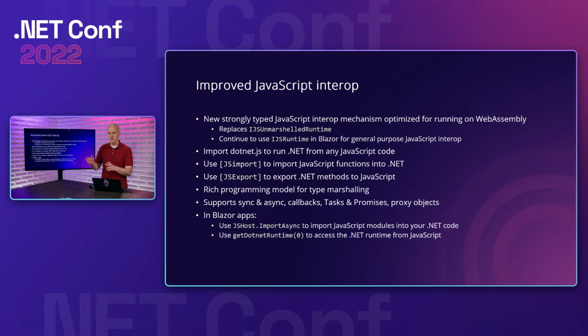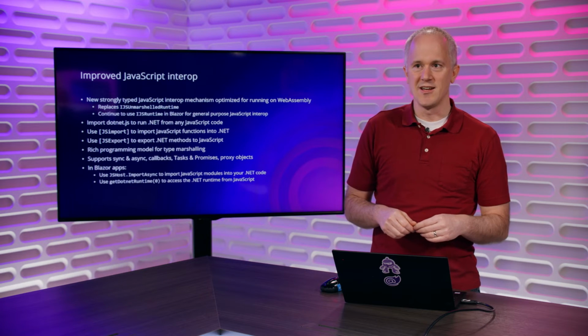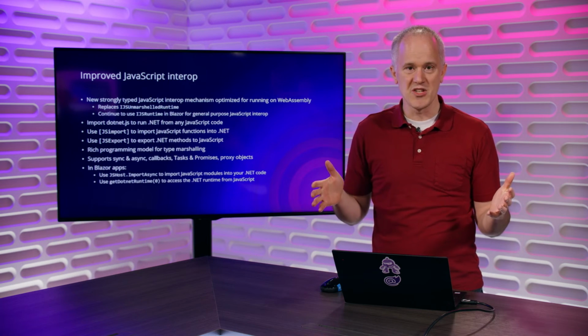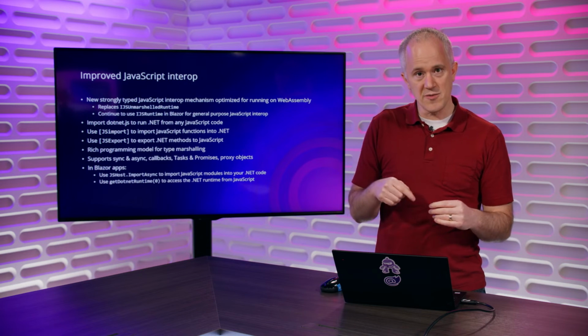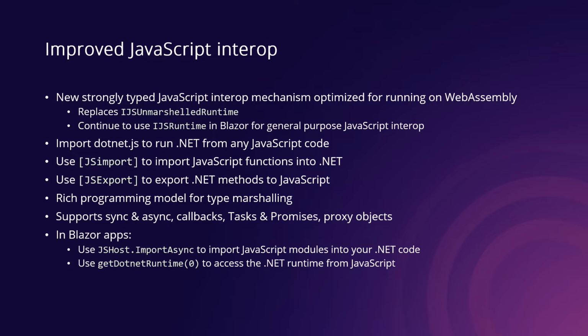Like if you want to write some JavaScript interop code that works in Blazor Server, Blazor WebAssembly, and Blazor Hybrid, you should continue to use IJSRuntime, because those aren't WebAssembly specific. But this new JavaScript interop model for WebAssembly is great when you know you're only going to be running on WebAssembly and you care about getting optimized WebAssembly-based execution.